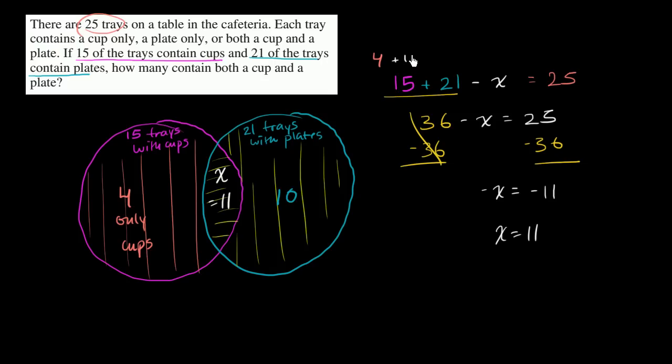And then this 21 was really the 10 plus the 11. Well, we're counting this 11 twice, so let's subtract an 11 to cancel one of these out. That's why we subtracted the 11, so that we don't double count this middle overlapping section.